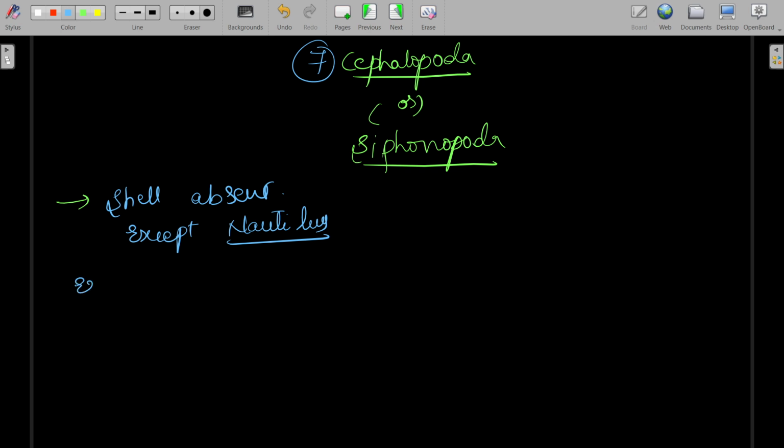Examples of this class are Sepia, Loligo, and Octopus.